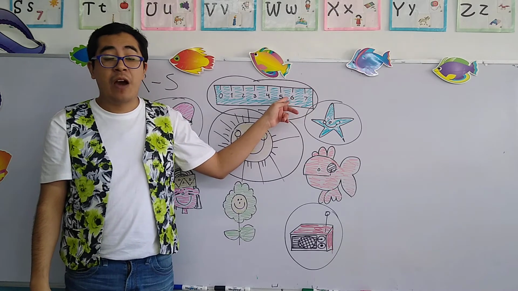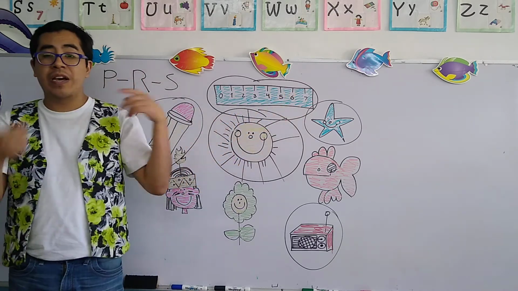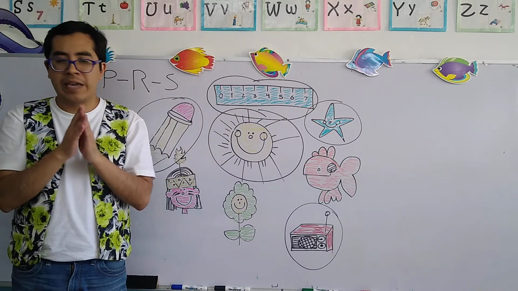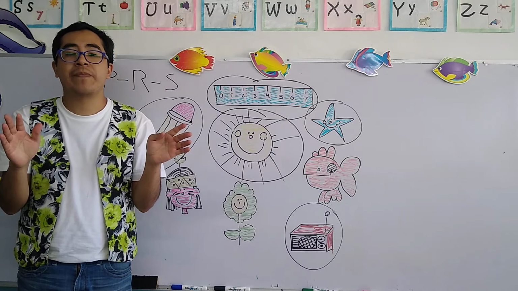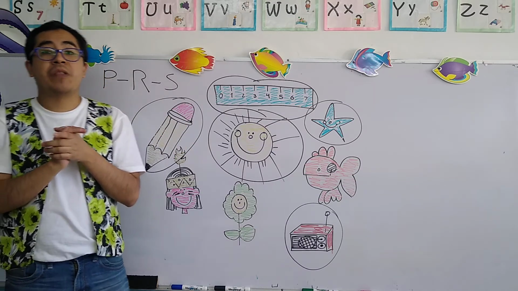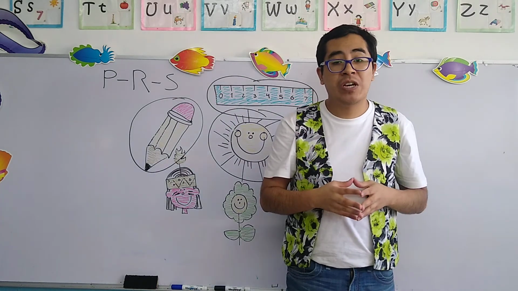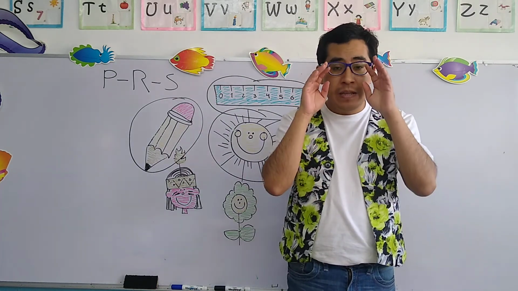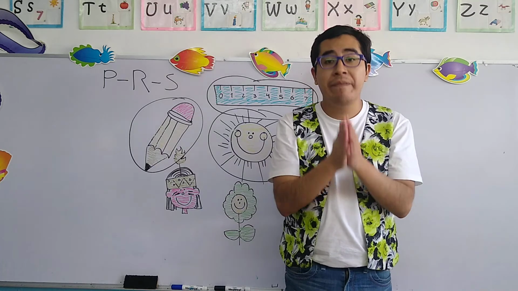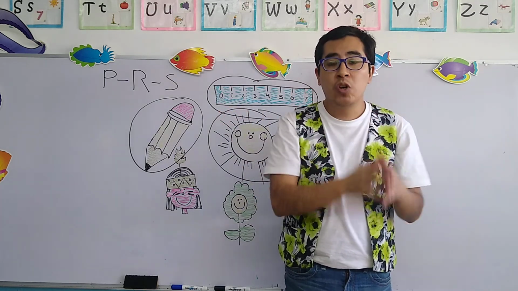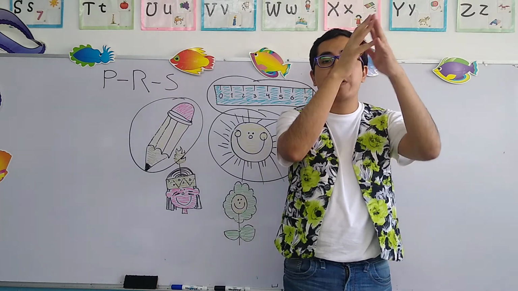Okay? Now, if you want to use the colors that I use, there is no problem. If you want to use different colors, again, it's okay. There is no problem. So, remember, my children, this exercise was about objects. So it's very important that whenever you practice the alphabet, whenever you practice all of the letters, you associate the letter with the object.